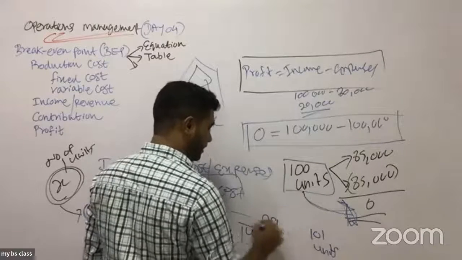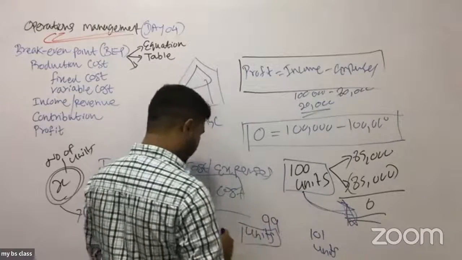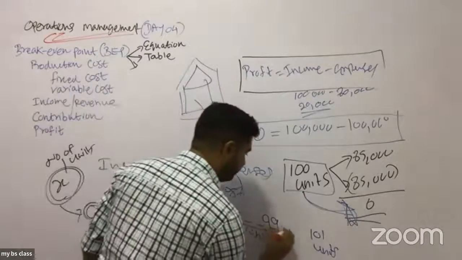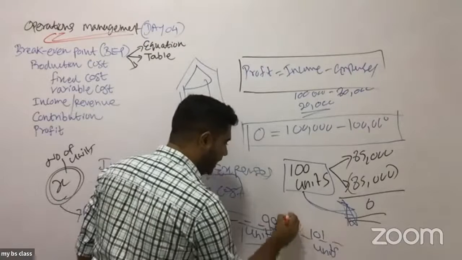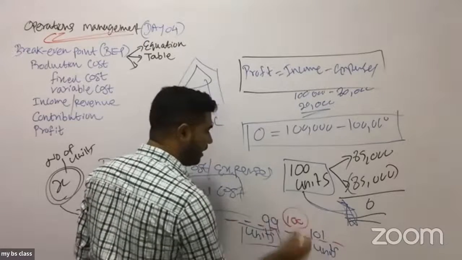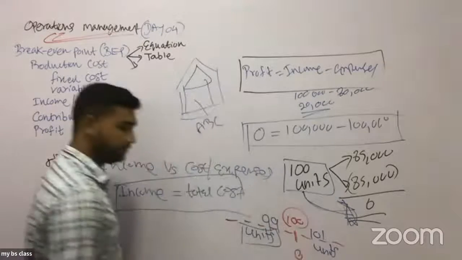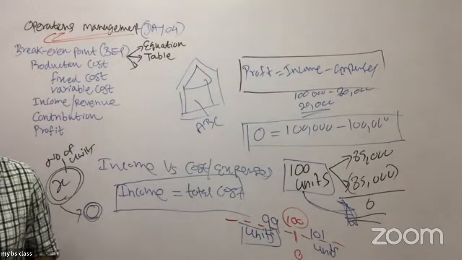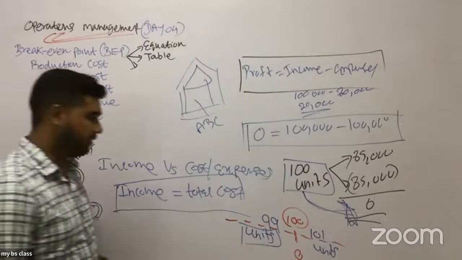Now we know that, right? So in this particular case, where you'll be selling 100 units, 0 profit.